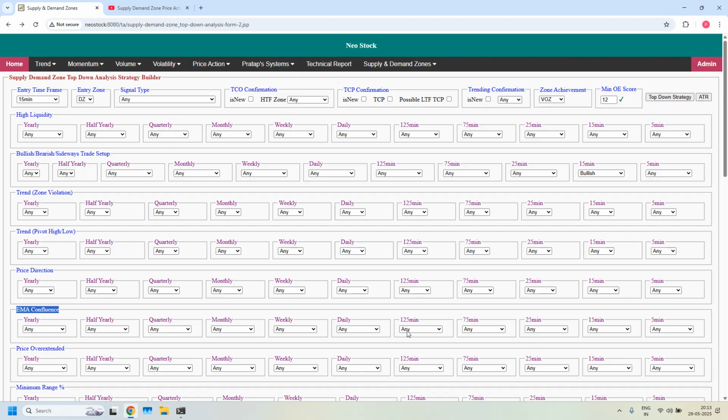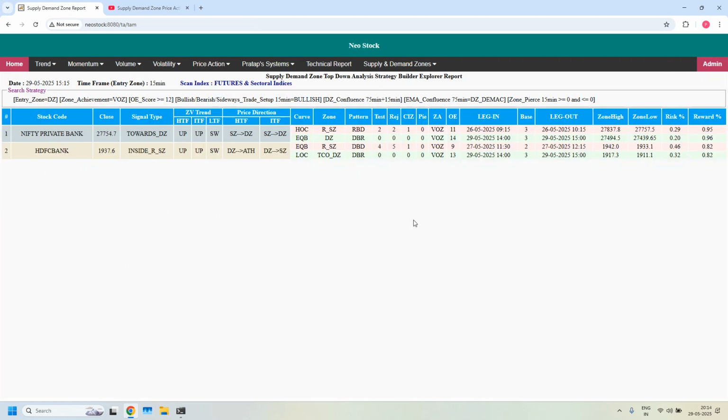In the EMA confluence at the 75 minutes time frame, I'm setting 75 minutes demand zone having daily EMA or not. Let's filter. We got two stocks. These two 15 minutes demand zones might have a higher probability of success. This is based on LTF and ITF demand zone confluence and also EMA confluence.